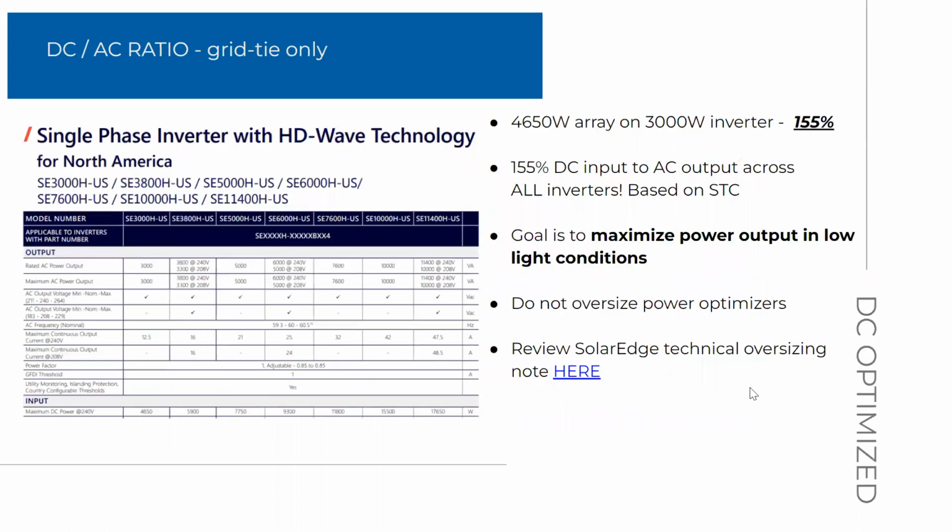Okay, sticking to the grid tie, I'm shifting gears to SolarEdge, or a DC optimized option. So the HD-Wave inverter is a popular inverter that is not battery compatible. So how do we know what we should be doing for coupling a DC optimized system, which may be different than a microinverter system or just a regular standard string inverter?